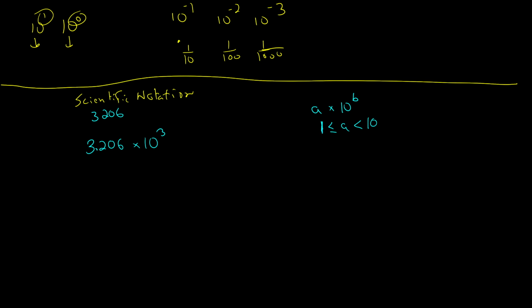And so the numbers we write will always be some number between 1 and 10, not including 10. Can be 1, but it can't be 10, because 10 can be written as 1.0 times 10 to the first. And then we express the power to represent the place value. And so 3,206 is 3.206 times 10 to the third.